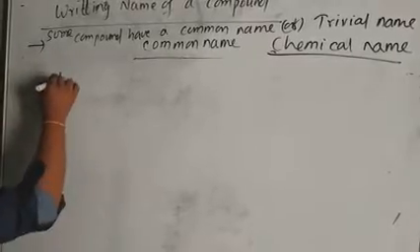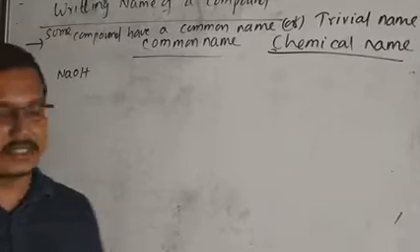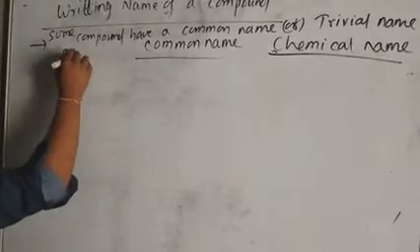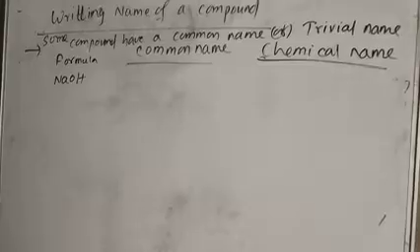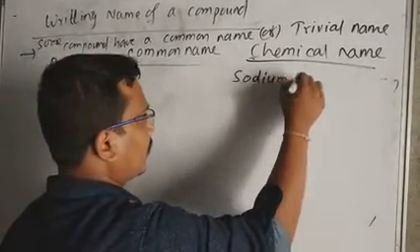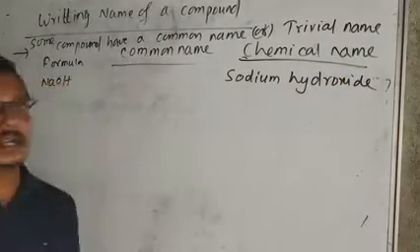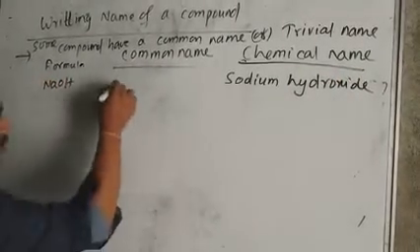For example, sodium hydroxide, NaOH. Sodium hydroxide is the chemical name. It has a common name, that is your caustic soda.